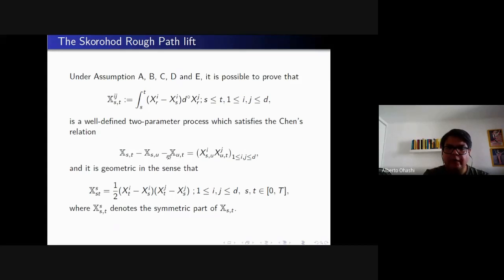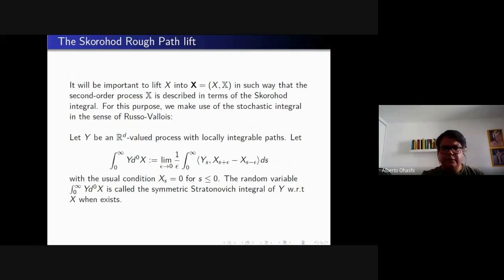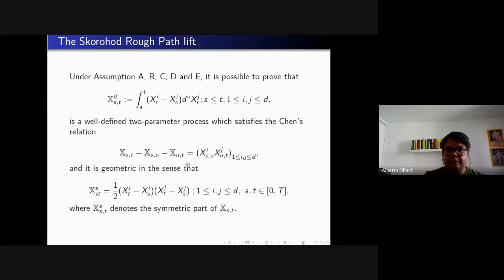And based on this definition of stochastic integration, one can prove that it's possible to consider the Lévy area written in terms of the Stratonovich integral in the sense of Russo-Vallois, and it satisfies the Chen relation, and it's also actually a geometric rough path, where S here denotes the symmetric part of double X.